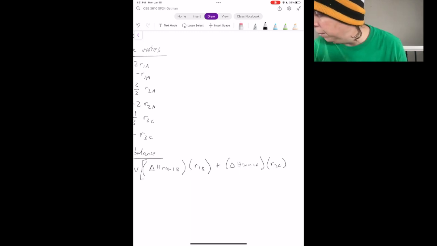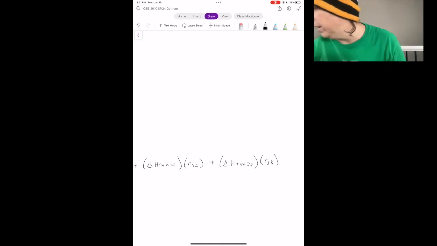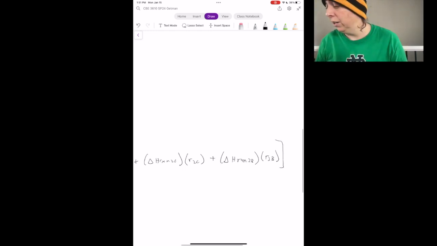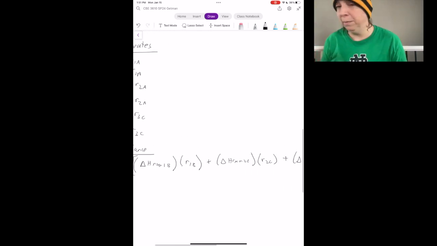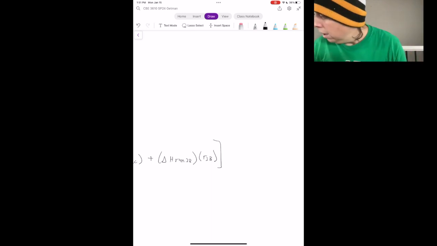And then reaction 3 is in terms of species B, so I'll take the relative rate of species B in reaction 3. Okay, so that gives me my heat generated term. That's going to be multiplied by the volume. Notice that the heat generated is larger if the volume is larger.